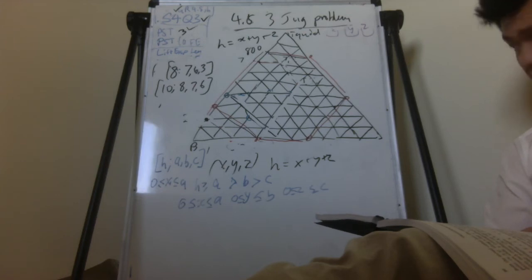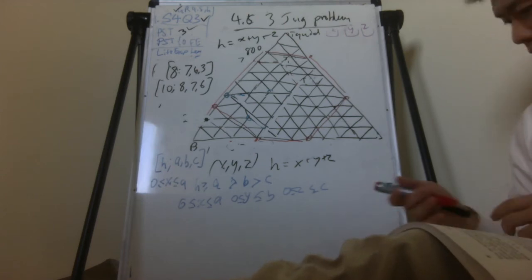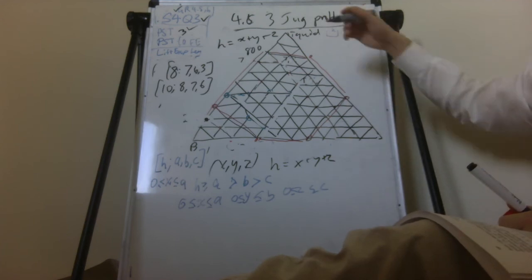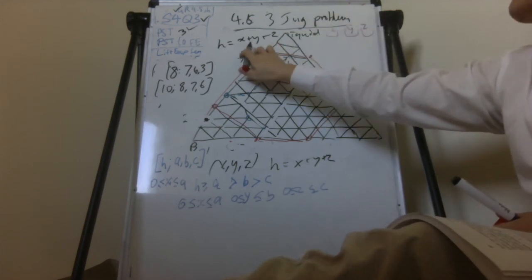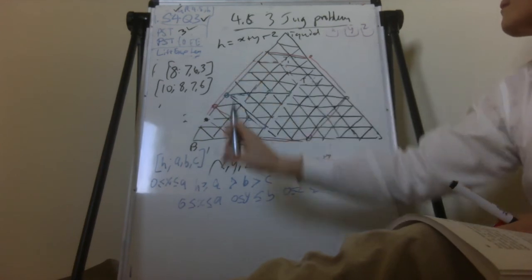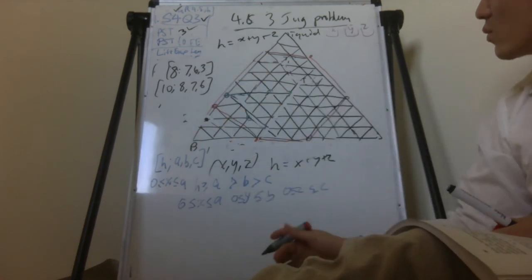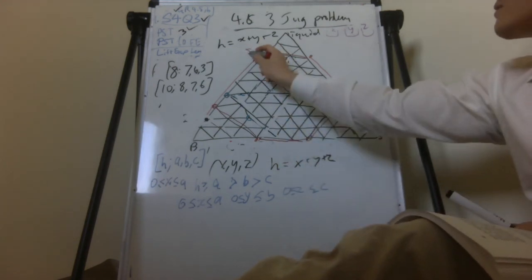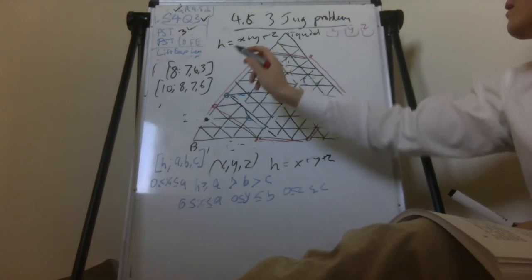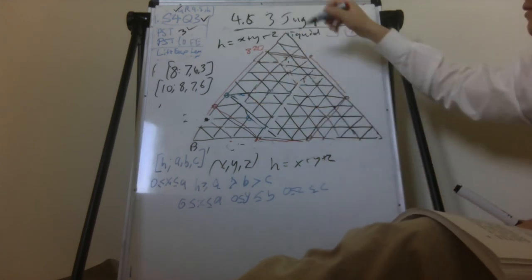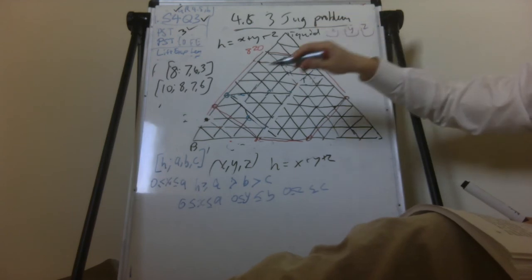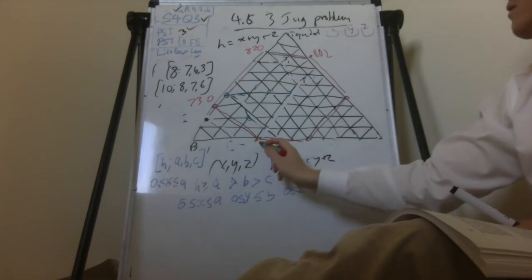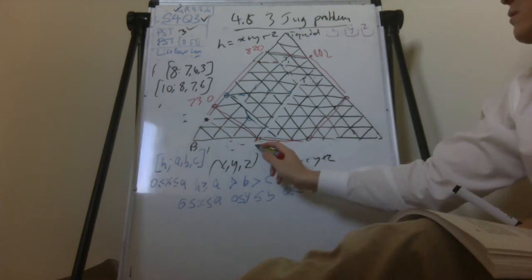Okay, now we can easily measure out 1. Wait, what are these coordinates? 820, yeah? 802. 70. 703.